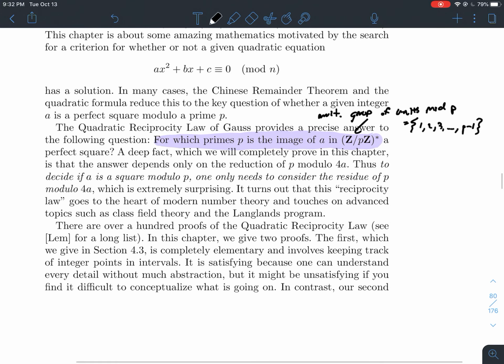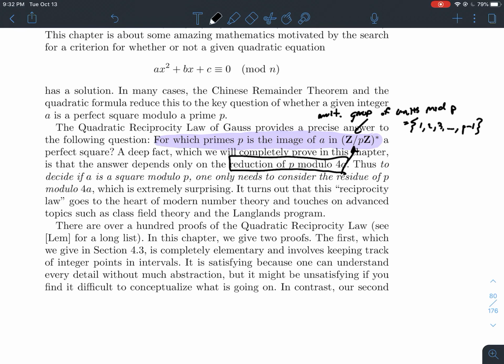It's connected to a pretty important fact in number theory, and it gets pretty deep pretty fast. The answer to that question, for which primes p the image of a in (Z/pZ)* is a perfect square, is connected to what happens when I reduce p mod 4a. And if you think about it, wait a minute, we're going to reduce p mod 4a. That's related to the reduction of a mod p.